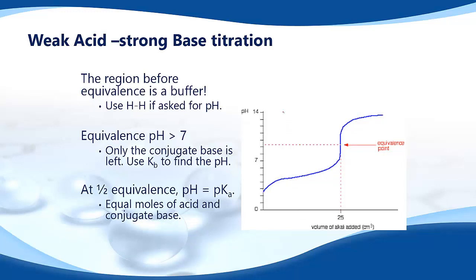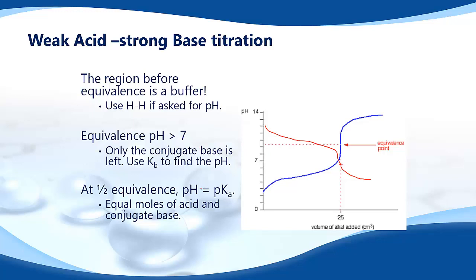We're going to start off like this. Again, our equivalence pH is going to be below 7. We start off, we have the same buffer region at the beginning. We hit equivalence, and then it levels off towards the end. And the math would just be the opposite of what you see here.